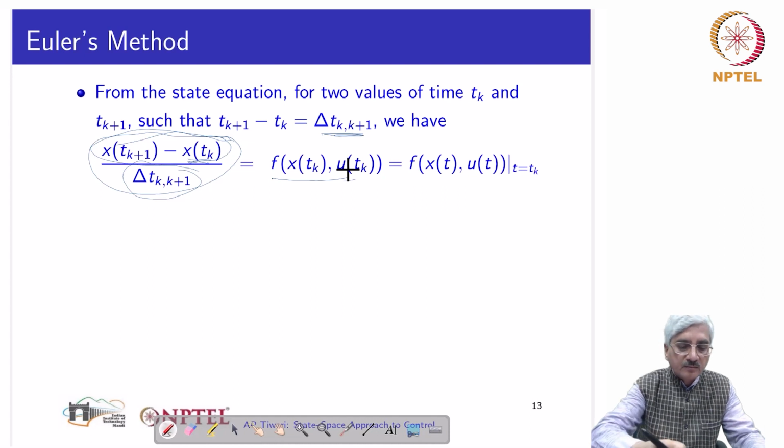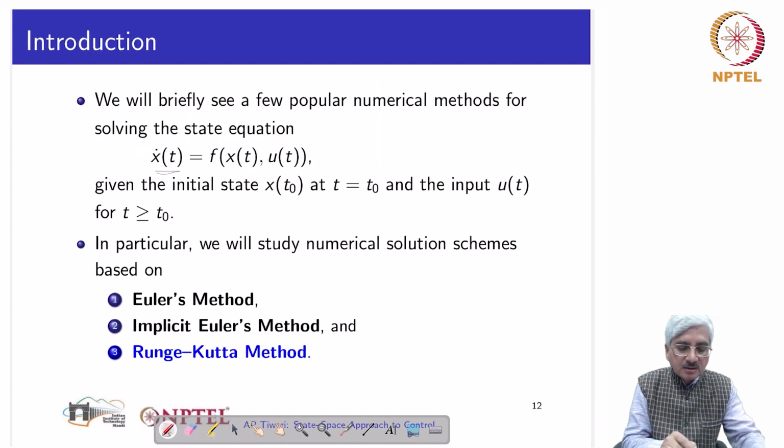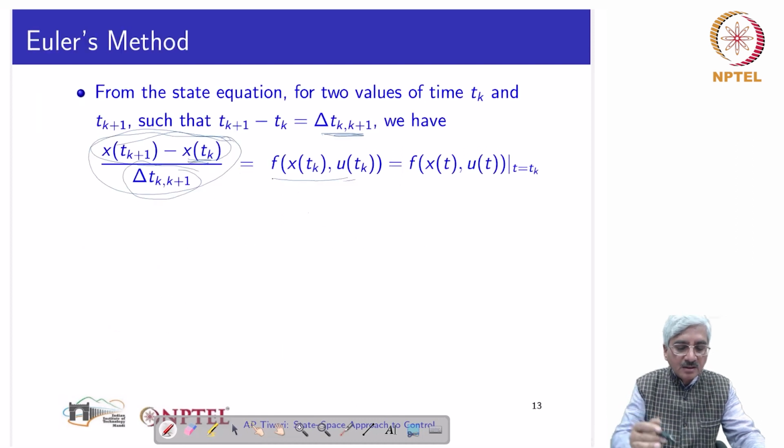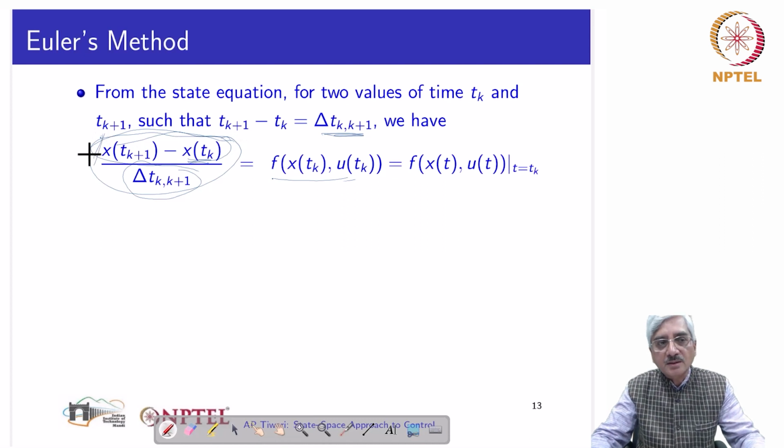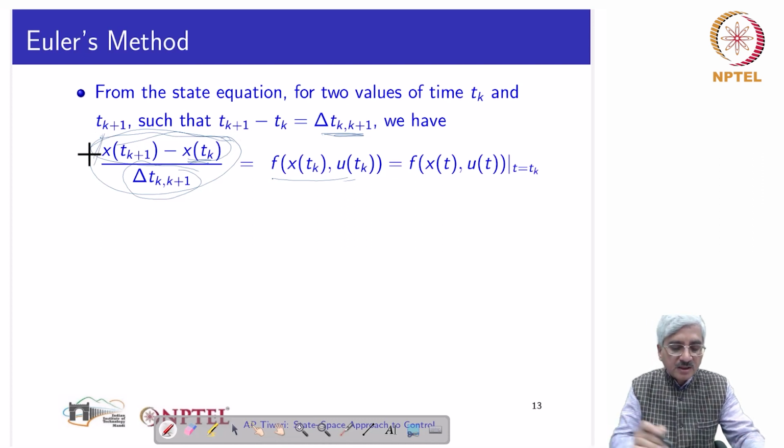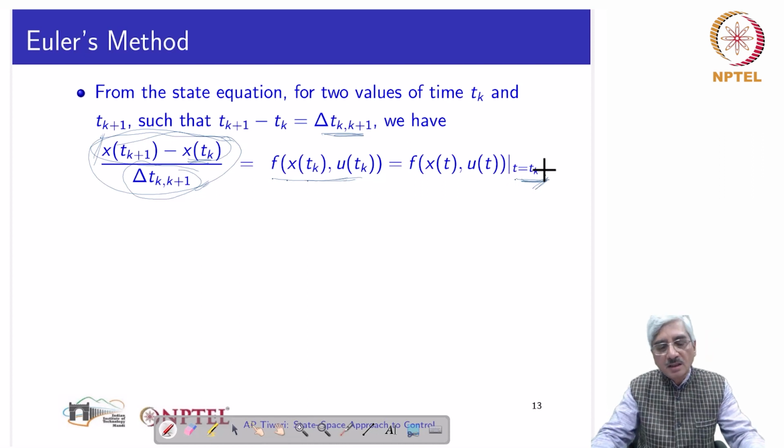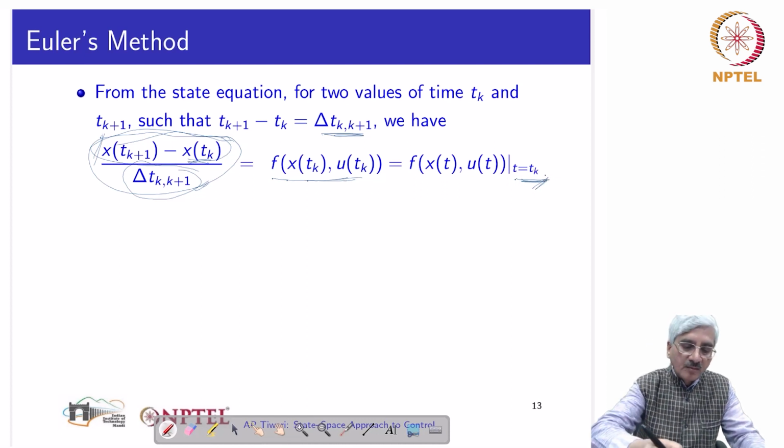The left hand side was the derivative, the right hand side was the function. This derivative is approximated by this difference in values of states divided by delta t, the separation between the time instants. This is the value of the function evaluated at time t equal to tk, the initial time. This is essentially what is done in Euler's explicit method.